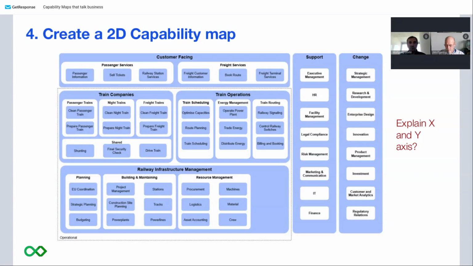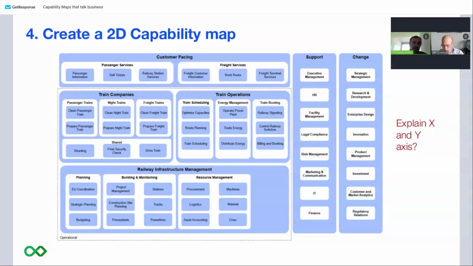Yeah, so I'd say it's a compromise, right? You find those capabilities that are related to the value streams or flows to product creation. And you can see it in railway infrastructure management. You could say you plan, you build, you maintain. It's visible from the left to the right, right? Or shunting, the shared capability in train companies.